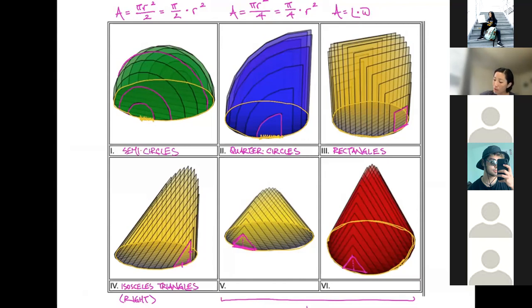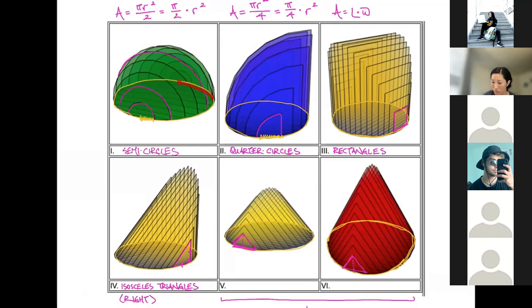So number 1 is exactly our case because we have a circular base and each one of these slices is going to be a half a circle, a semicircle, okay? So every single one of those cross sections or slices is going to be a semicircle.